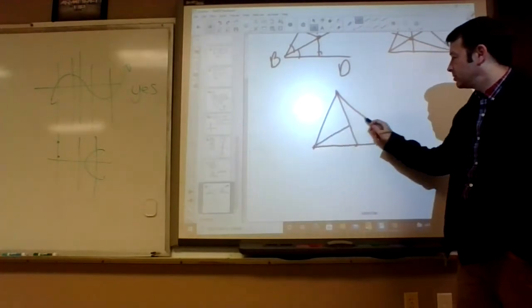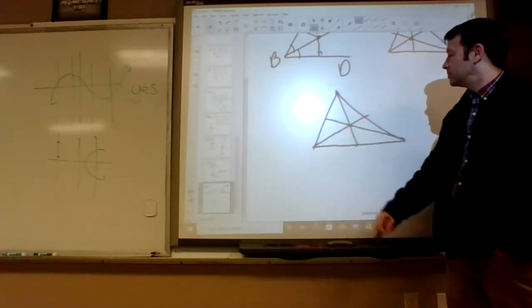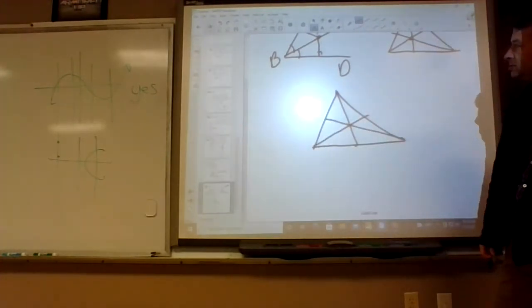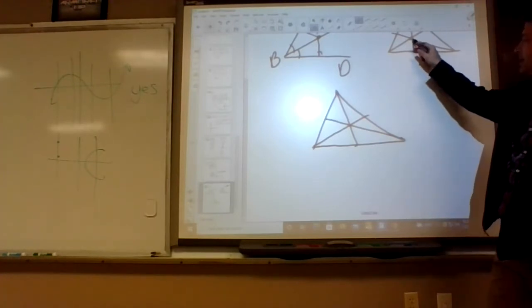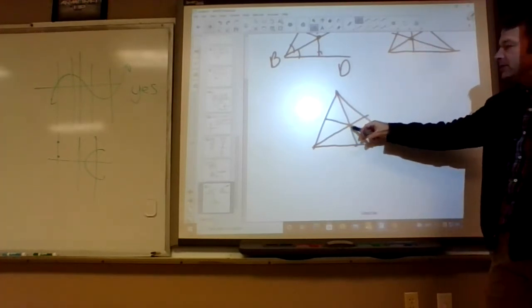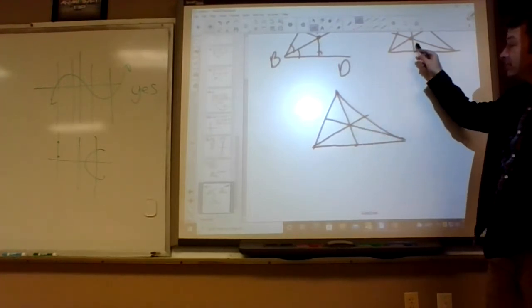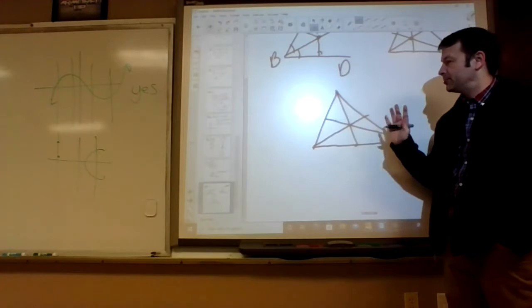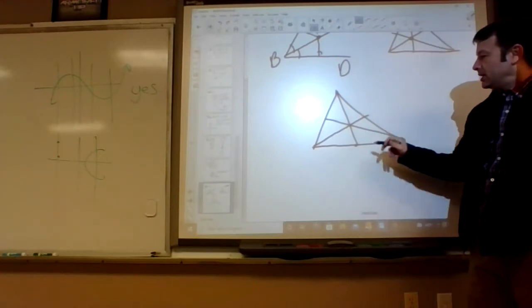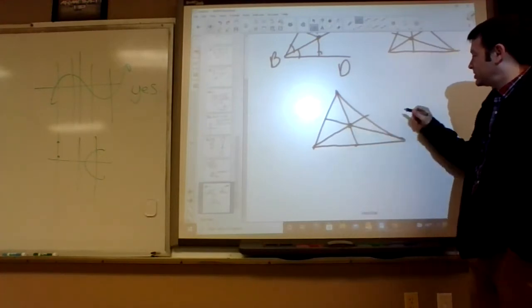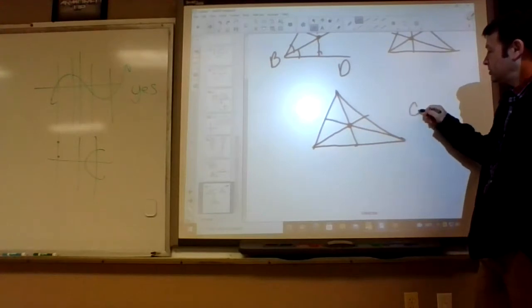Middle, middle, middle. It looks a little bit different, but on an acute triangle, they do look pretty much the same for angle bisectors and medians. They're a little bit off. Medians meet in the centroid.